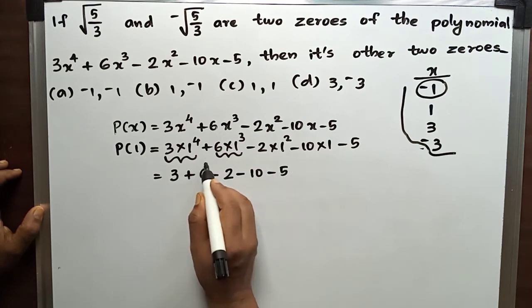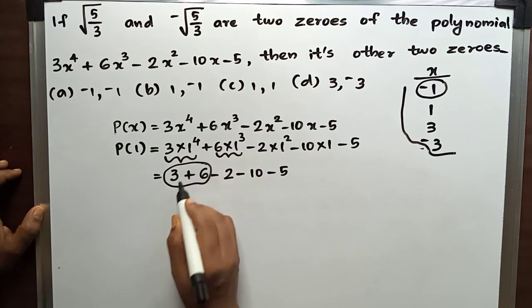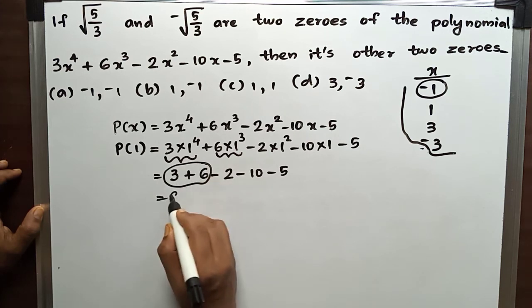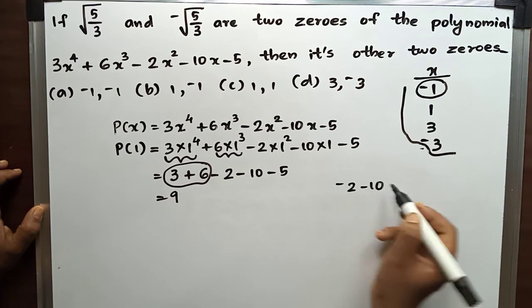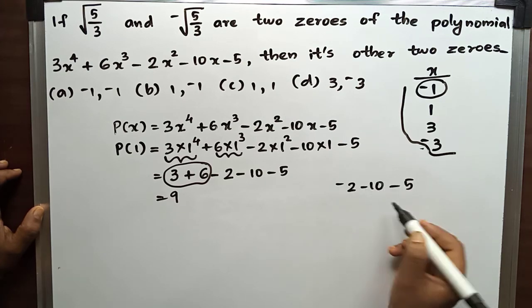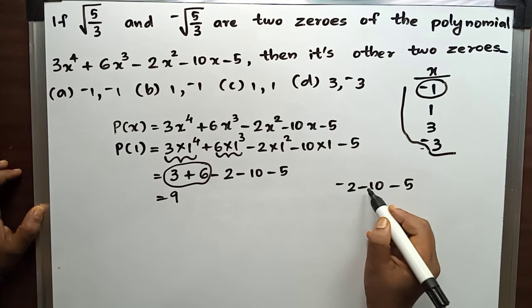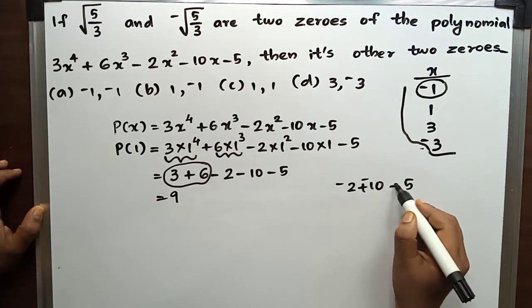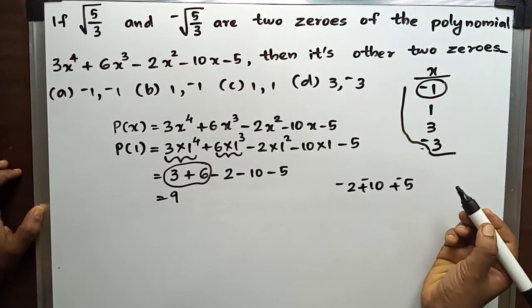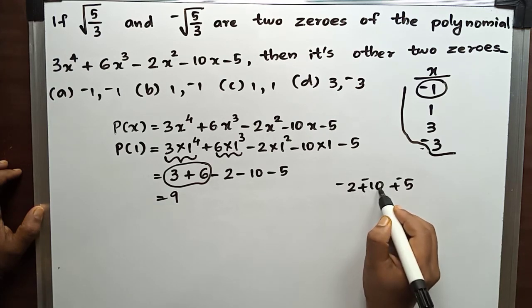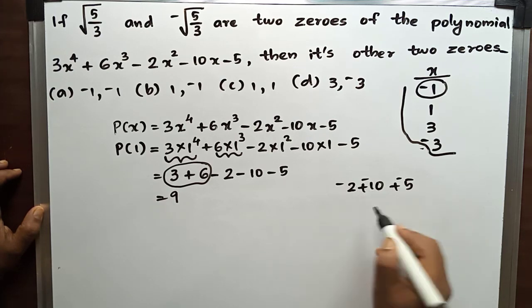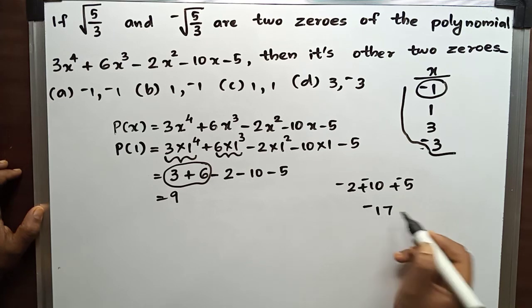Here there are only two positive numbers. 3 plus 6, 9. Then negatives: minus 2, minus 10, minus 5, which is minus 2 plus minus 10 plus minus 5. So minus 2 minus 10 minus 5 is minus 17.